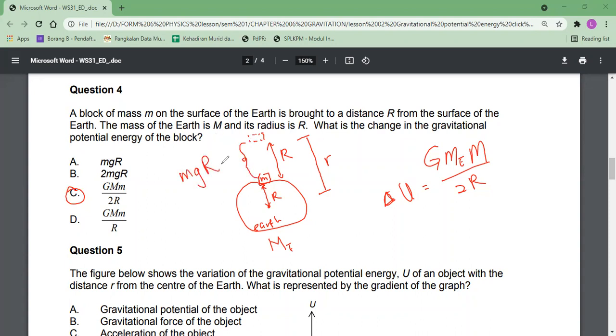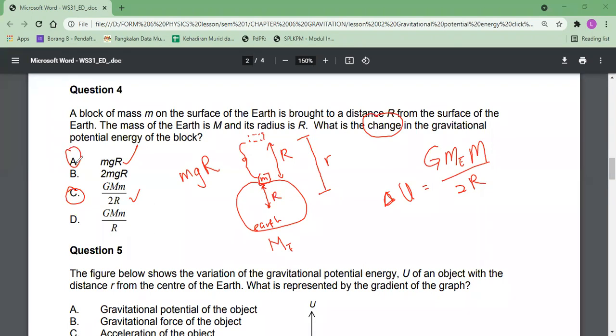In other words, we can also say that this will be mgr as well. So that means that here C and A can be accepted because there is a change in the gravitational potential energy of the block. So this means that here we have 2 answers.